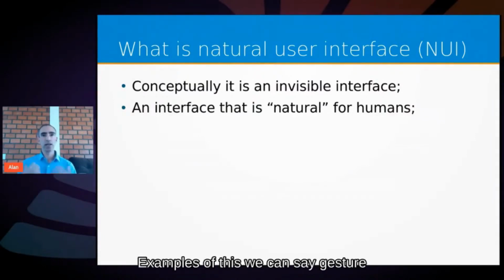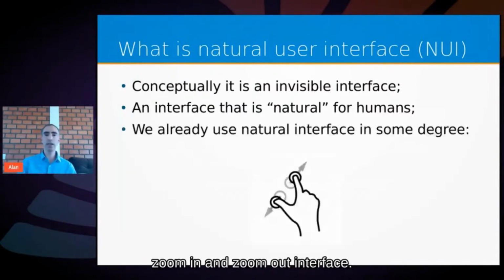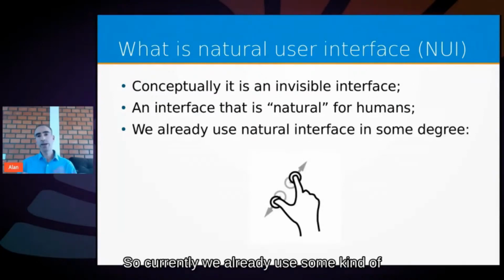Examples of this are gesture, voice, and finger movement like finger pinch to zoom in and zoom out an interface. So currently we already use some kind of natural interface in our normal life.